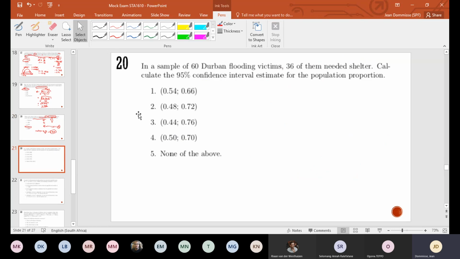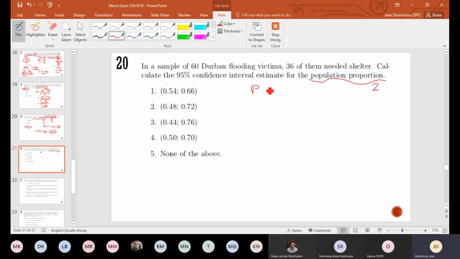So then the next question, and now we need to see what they tell us. Okay, population proportion. So when we see proportion, it is always Z. So in a sample of 60 Durban flooding victims, 36 of them needed shelter. Calculate that confidence interval.